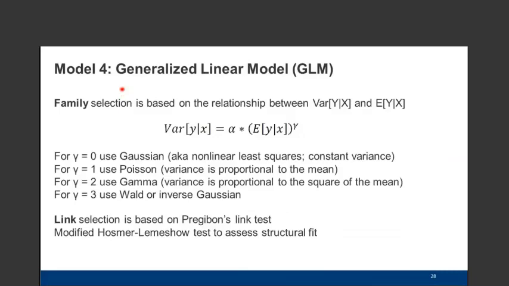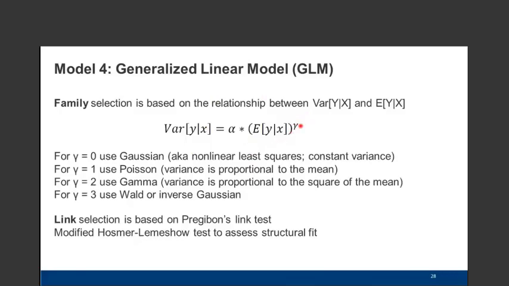Now, since I showed you all these different families and these different links, there are ways to empirically find out which one works the best, right? As I mentioned before, I usually start off with the gamma distribution with a log link. But if you don't want to take that approach and you want to do things empirically, there are ways to do that. There's a test you can run that looks at the variance in relation to the expected value of the model.